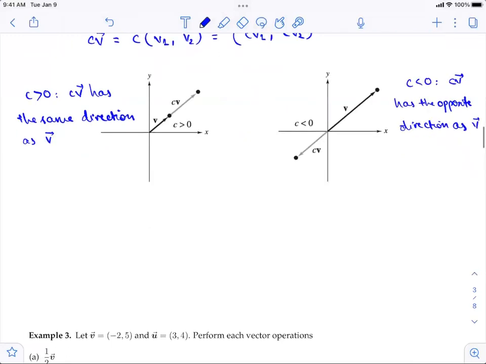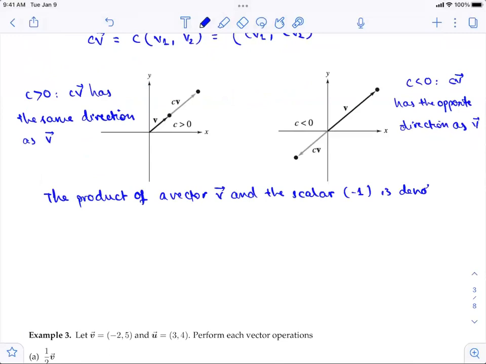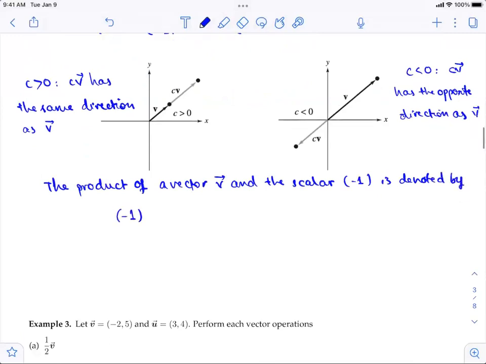Okay. Now the product of a vector v and the scalar -1 is denoted by negative v, right? So -1 times vector v gives me negative v. So this is the negative of v.